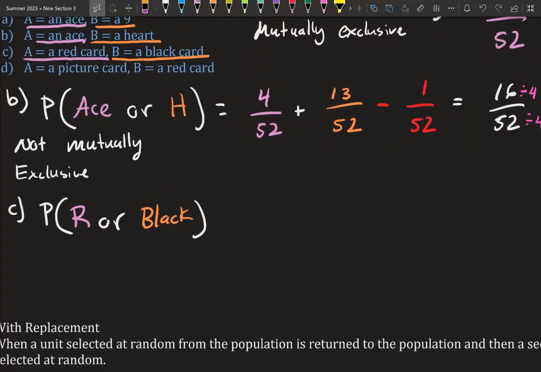Okay. If you think about it, every card in the whole deck is red or black. The entire deck is red or black.